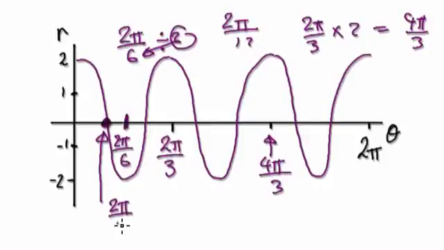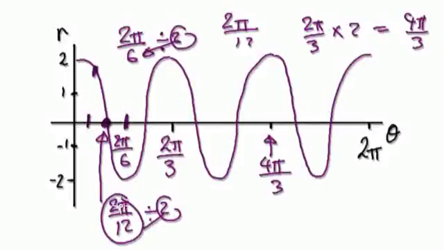If you cut in half again, we're going to cancel these out, so it would be pi over 12.